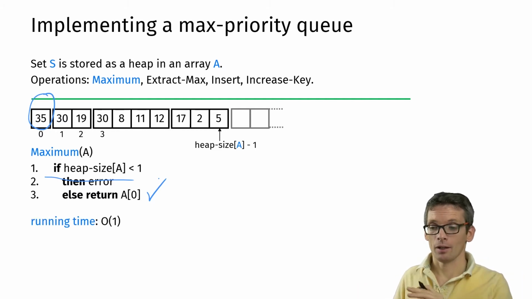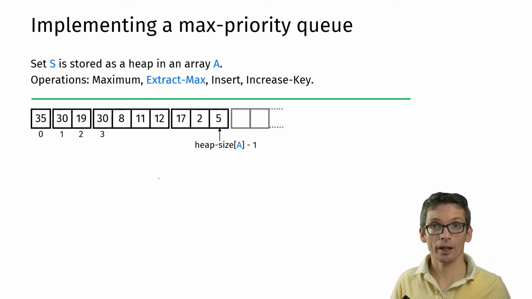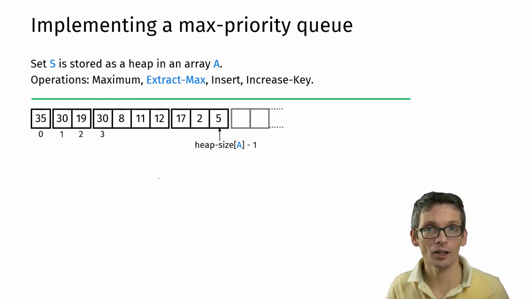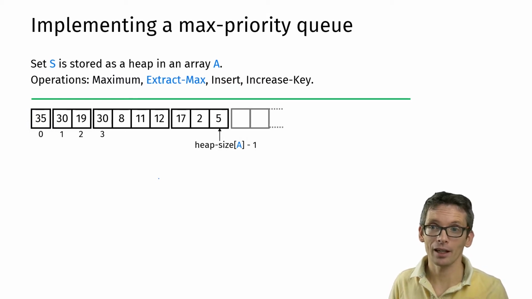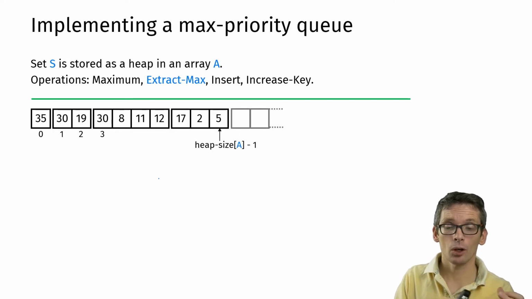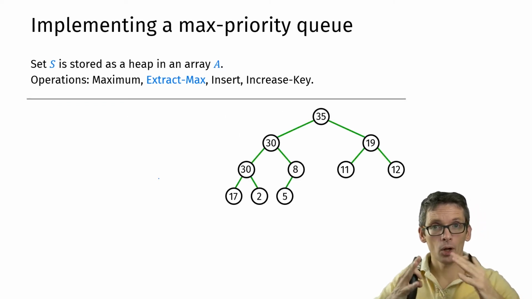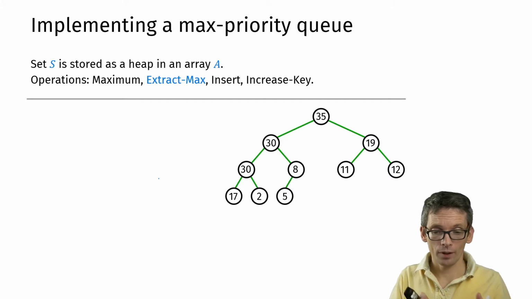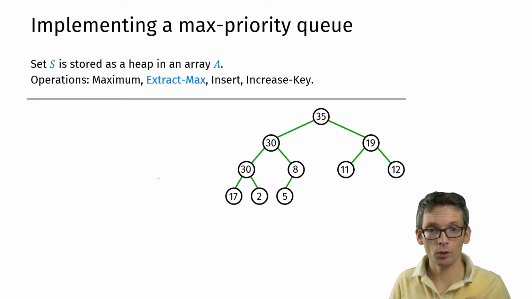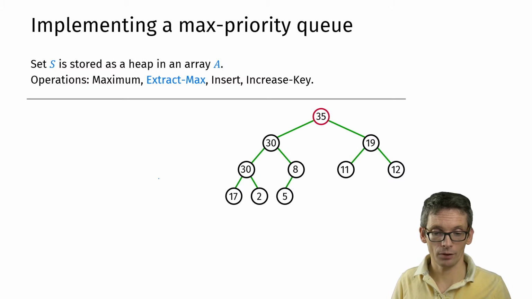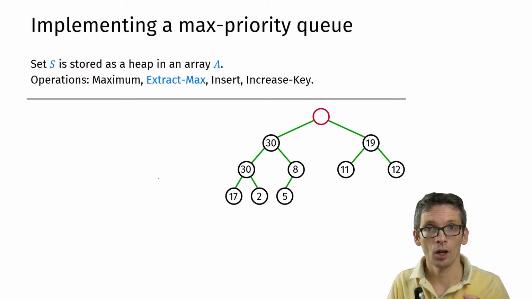Done. Next operation would be extract max, taking out the largest present. That is not quite as easy. Let's have a look at this in terms of the heap structure. So this is a heap, and we want to take out the 35. So now we have this situation. What can we do?